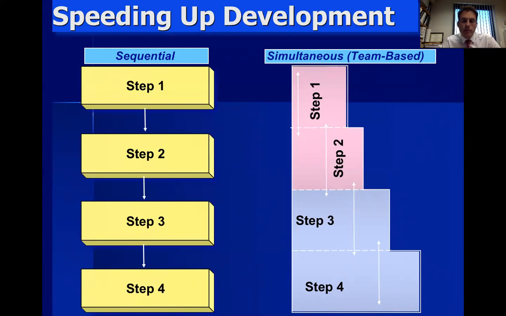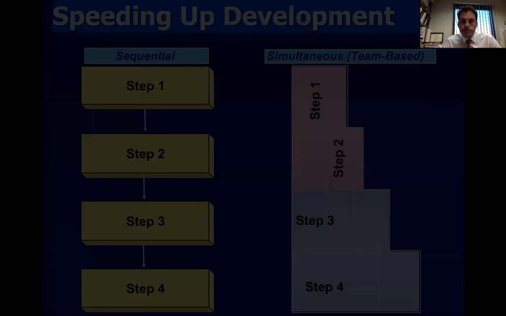Or you use a more basic method where in step 1, you would have the people that work in finance and production, in step 2, the people that work in marketing and engineering, in step 3, the people that work in sales and advertising, and in step 4, the people that work in operation. Obviously, the sequential is the most common, but the most efficient is the simultaneous.